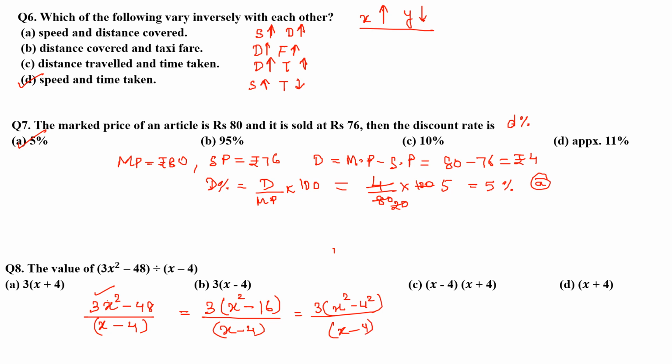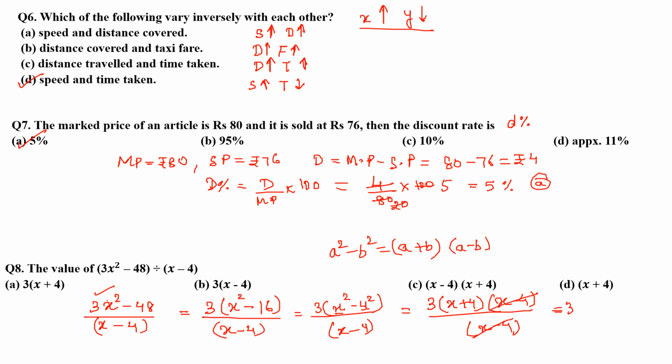Now this is your identity a square minus b square, which will give you a plus b into a minus b. So from here you can write 3 times x plus 4 because your a is x and b is 4. So a plus b and then a minus b. So x minus 4 divided by x minus 4. Now x minus 4 cancels and your answer will be 3 times x plus 4. So you can see your correct option is option A, isn't it?